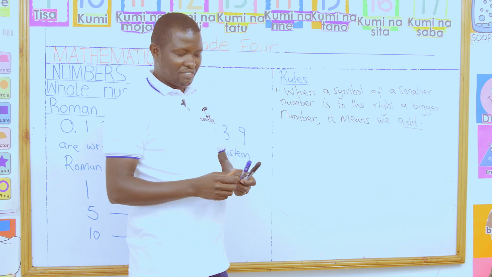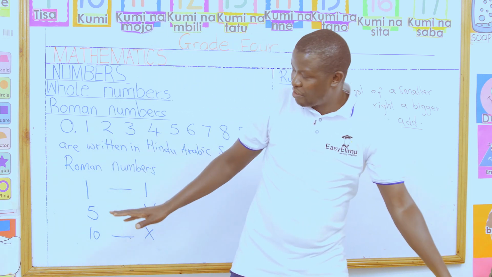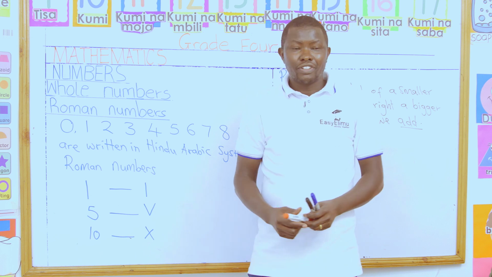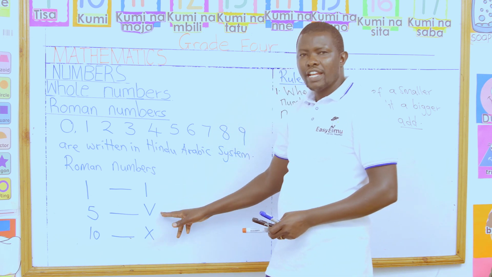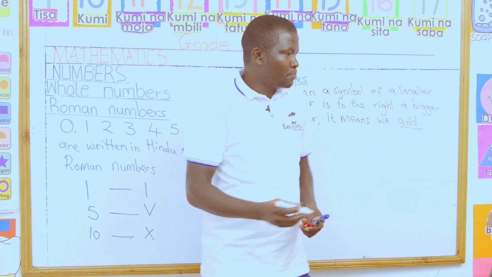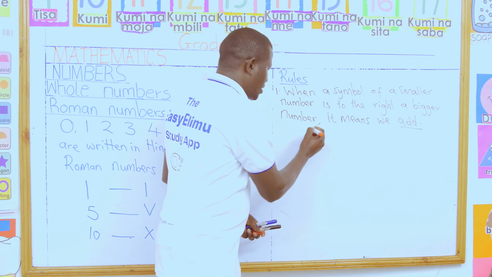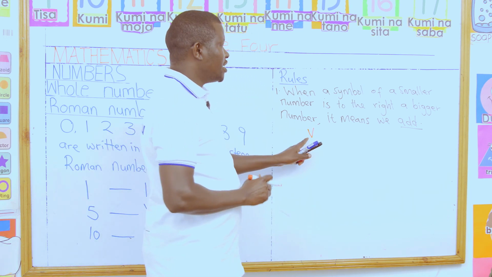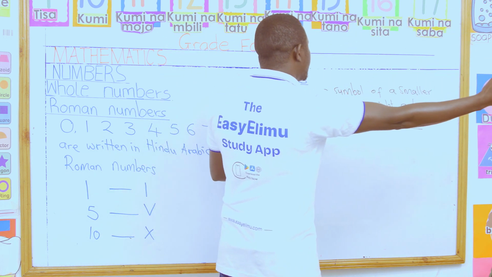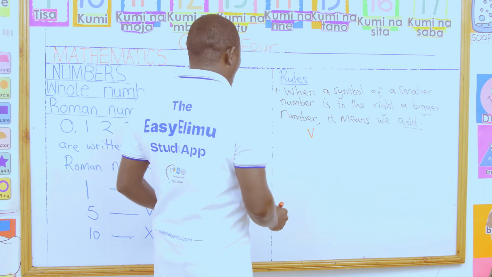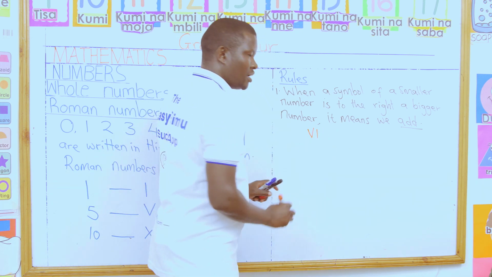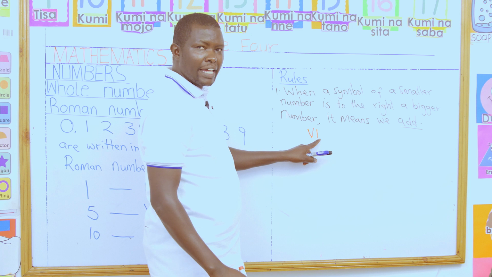For example, I'll take an example of the numbers we have here. A bigger number, we have number 5. Number 5 is represented by a V. So, V, and a smaller number to the right. A smaller number is a number like number 1 to the right. We have V and I to the right.